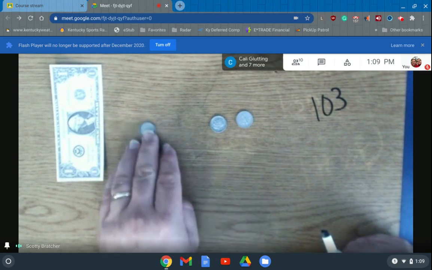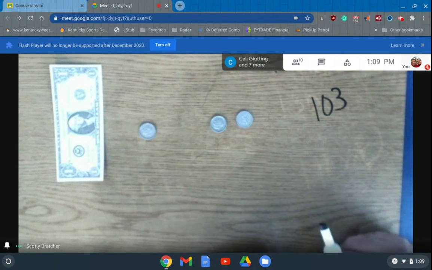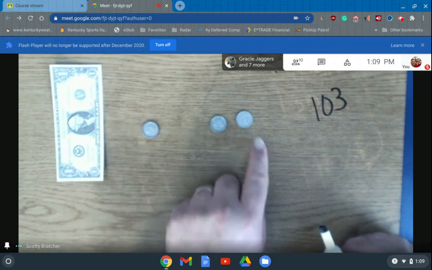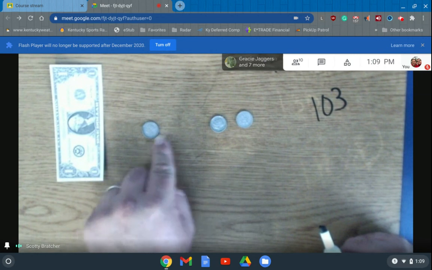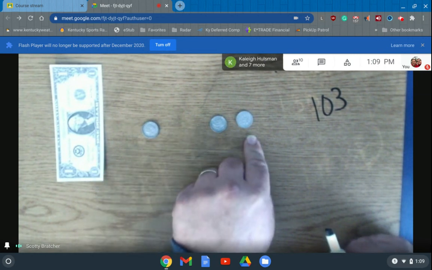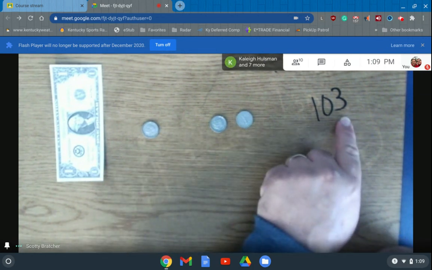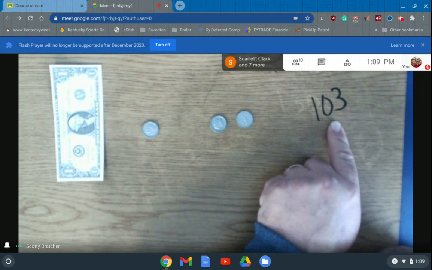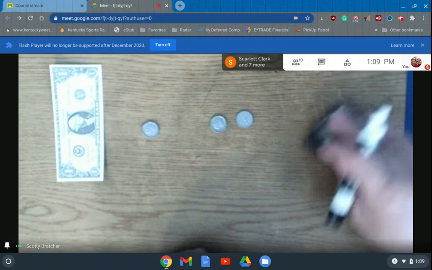Dimes. How much is a dime? 10. So if I said 1, 2, 3, I'm really saying 1 ten, 2 tens, 3 tens. And is that 3? No. Okay, so you want to change that? Yeah.